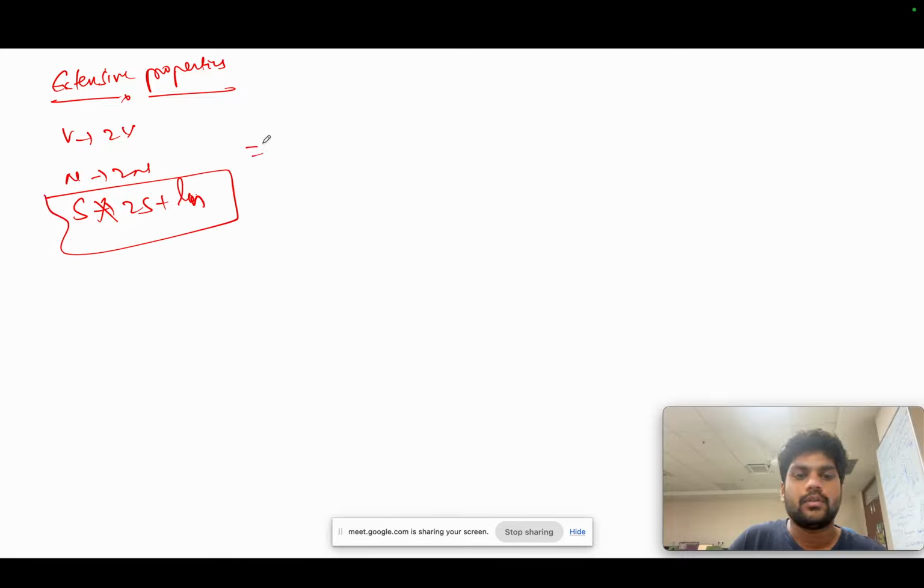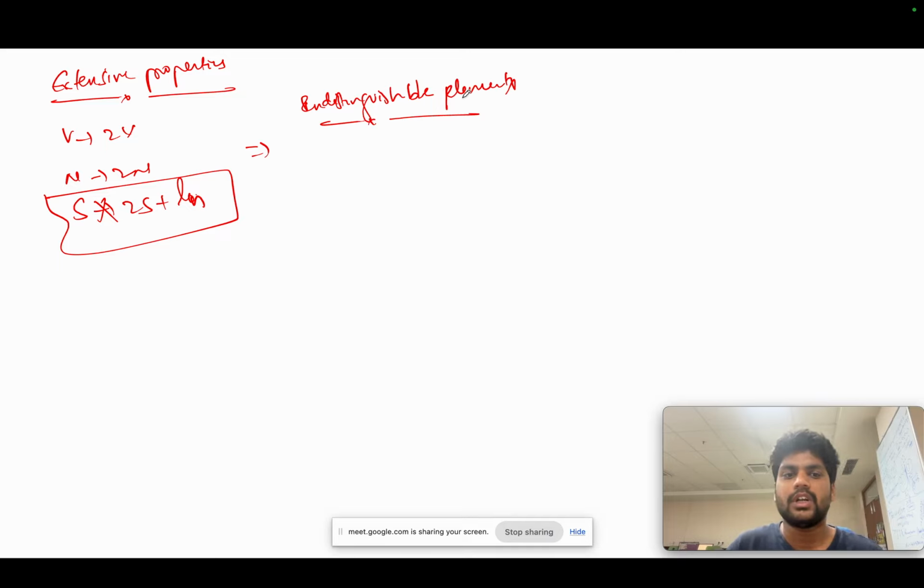So then from this we made some changes, saying indistinguishable elements, where we are not distinguishing any two elements. Then we followed the partition functions, and we found out whether it is following the extensive property or not. So then we get S to 2S.